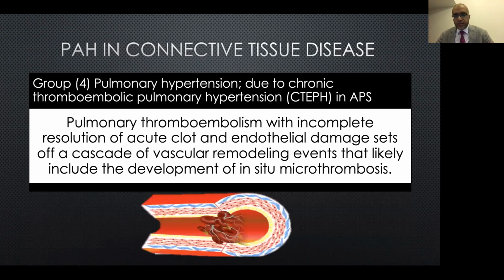The third common mechanism is chronic thromboembolic pulmonary hypertension, which happens mainly, according to our patients, in APS, or antiphospholipid antibody syndrome. As we said before, pulmonary thromboembolism, especially in case of incomplete resolution of the clot and endothelial damage, initiates a cascade of processes leading to endothelial injury and development of in situ microthrombosis.